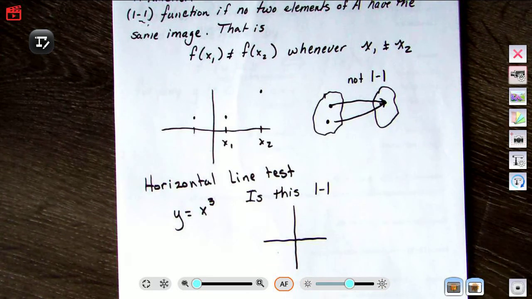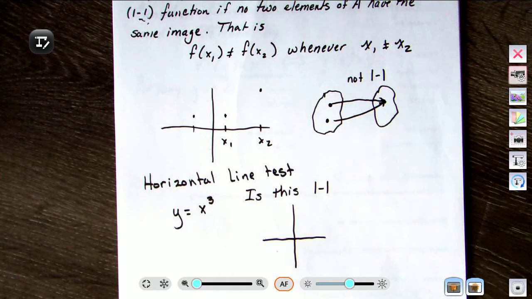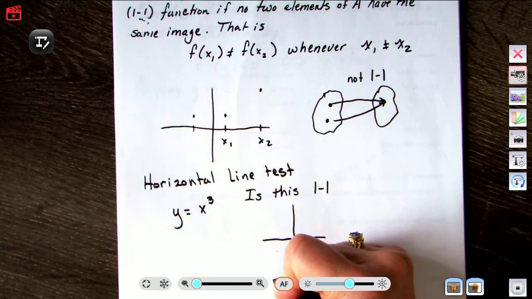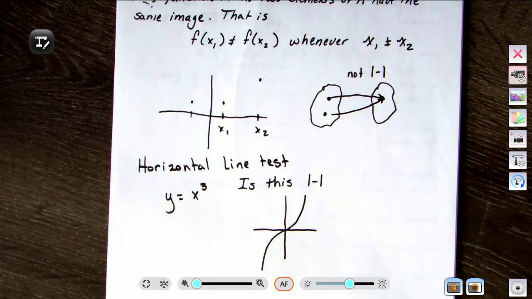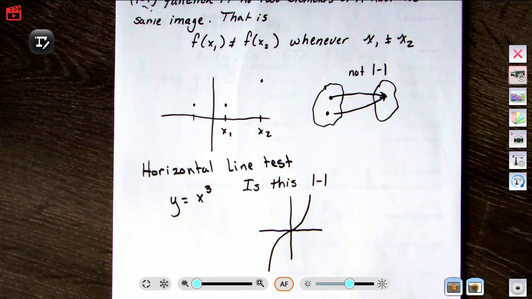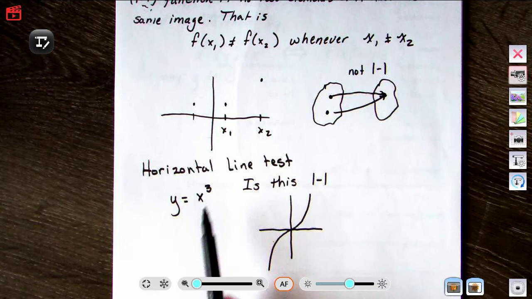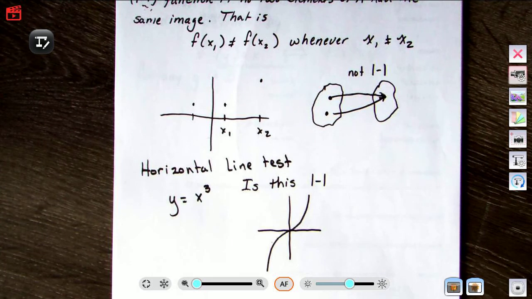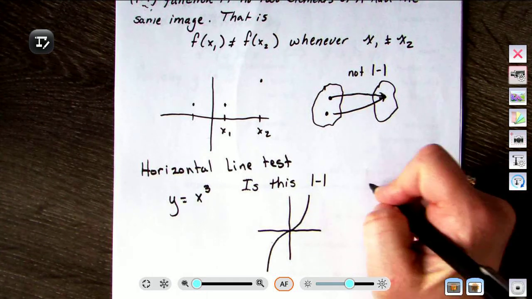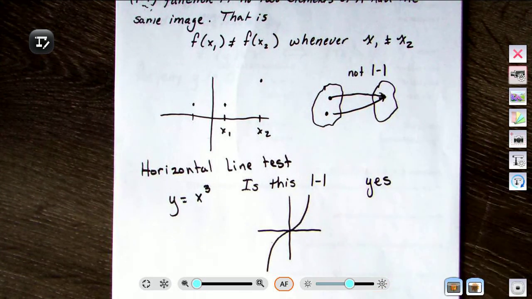This one should be starting to get into my memory banks, and it's that S-looking thing that snakes up. It does pass the horizontal line test. In fact, every value you put in there has its unique outcome. So every input has a unique output. So yes, it is one-to-one.